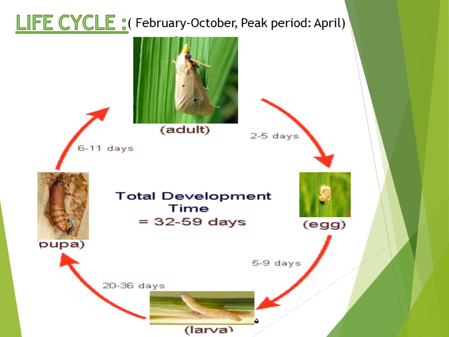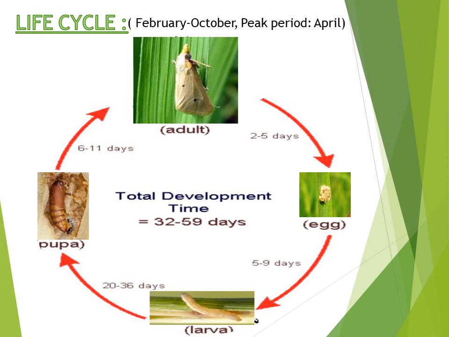This pest remains active from February to October, and its peak period is around April. At the start of the season, the female moths start laying eggs in masses. 15 to 80 eggs are laid per mass, covered with yellow colored scales, mostly on the underside of the leaves.